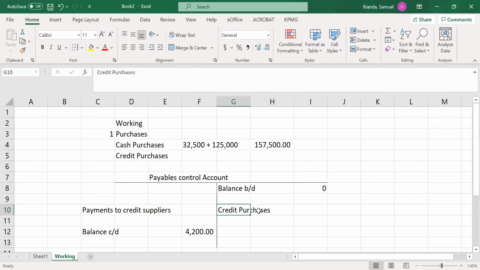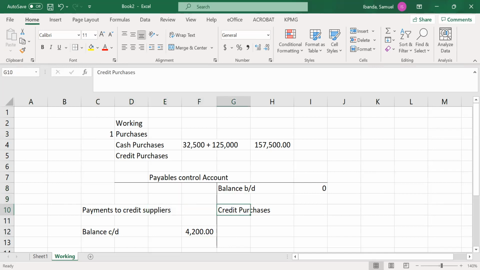So these two figures are provided. Like I said, we have it in the question. Well, this credit purchases is what we are looking for. So this is what I put on my balances. And after that, I said, what will increase my obligation are credit purchases, and what reduces the obligation are payments to credit suppliers.